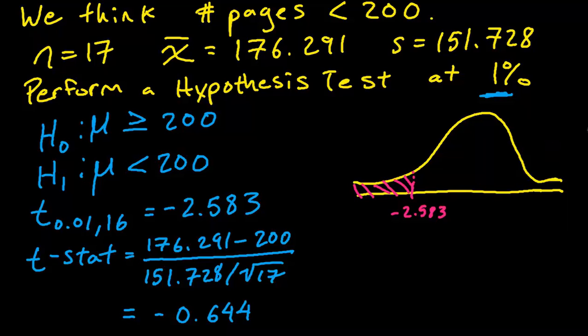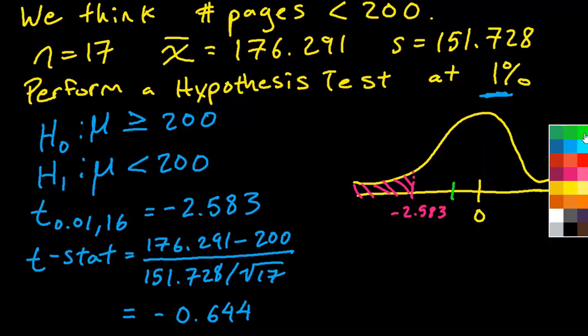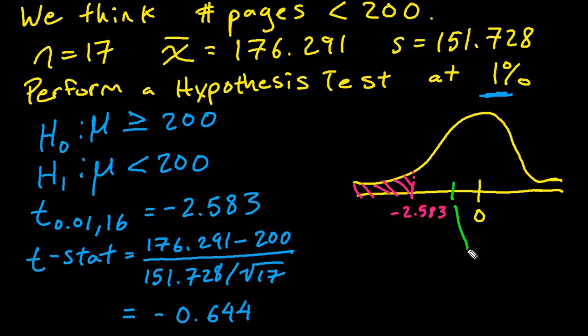Then we can see where that falls. We could just compare our test statistic and our critical value, or we could take these up to our chart. I want to add something. We'd have 0 here because it is the center of the chart.